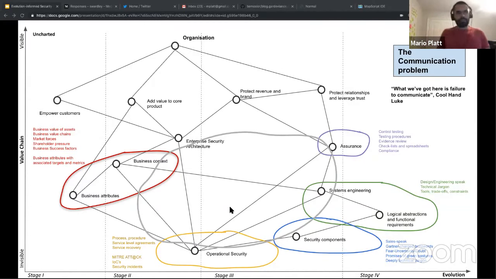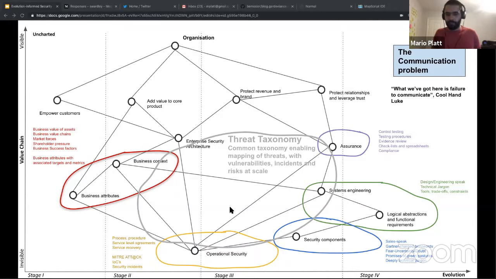So what I propose as one of the ways to address the communication challenge is adopting a common threat taxonomy, right? A lot of standards, including SAPSA that we're going to be talking about next, talk about threat taxonomy as its own thing. Personally, that's good.